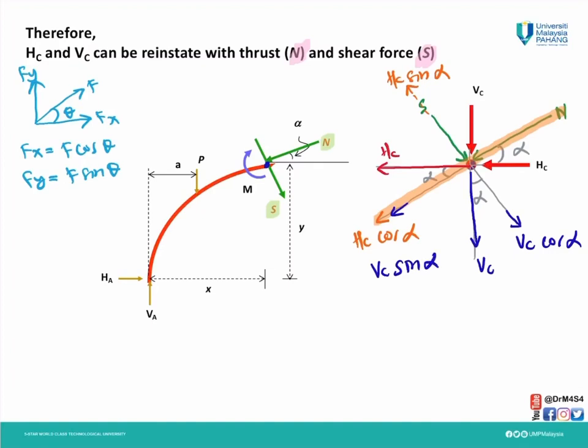Now from that, we can get the value of N and the value of S. So our N is HC cos alpha plus VC sine alpha.